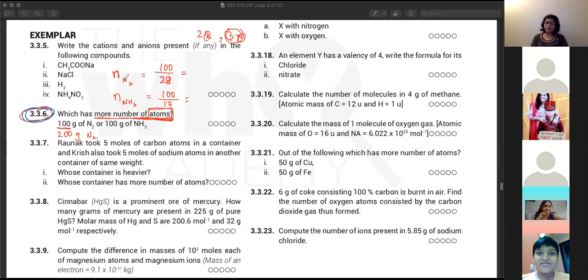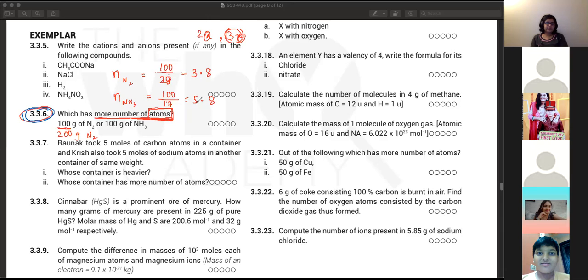So total number of moles of N2, how much did you get? 100 by 28. So you will get a little less than 4. So 3 point something, right? And this will be a little greater than 5 point something. So this will be 3.8 something, and this will be 5.8 something, yeah.